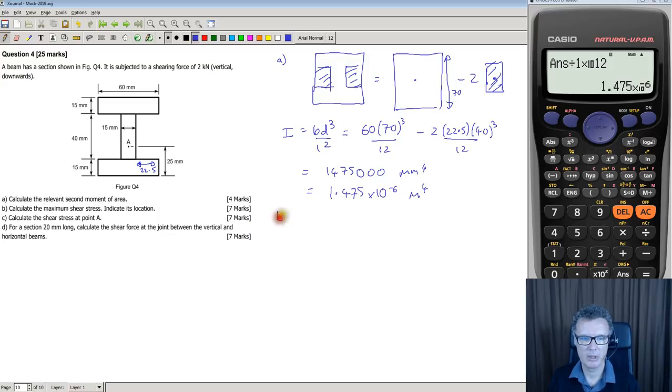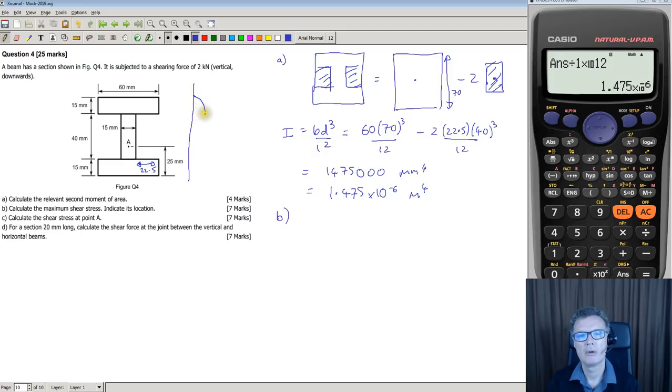Part B, calculate the maximum shear stress and indicate its location. Well, the maximum shear stress for something symmetrical is going to be in the middle. If we plotted what the shear stress is going to look like, it's going to be 0 at the top because there's nothing for the top to cling on to, so it has to be 0, and then it will go up a little bit as it goes through the section.